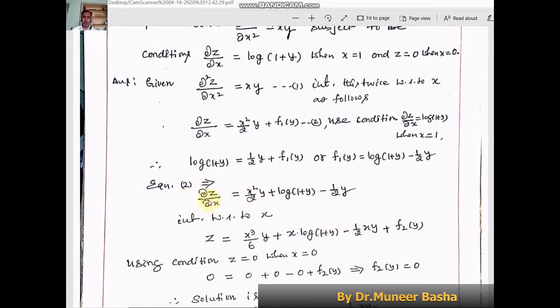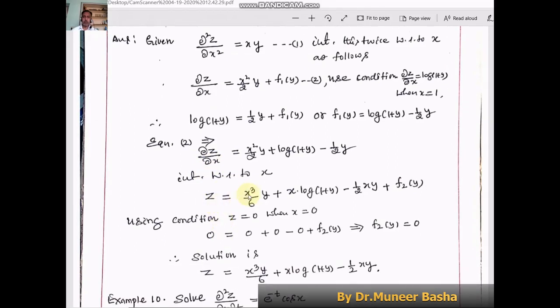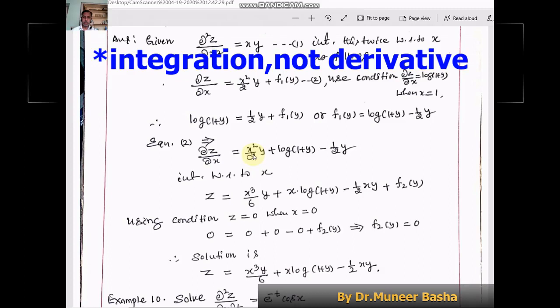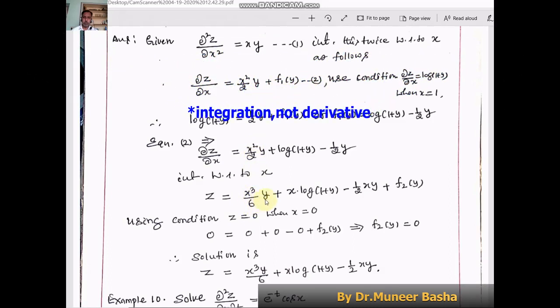So again, there is a partial derivative term. Again we integrate with respect to x only. Then z equals, the integral of x square is x cube by 3, x cube by 3 into 2 becomes 6, into y plus log of (1 plus y). Log of (1 plus y) is constant, right, as it is. So 1 remains here, the integral of 1 is x, minus half y as it is constant. The integral of 1 will be x, you have to write, plus the constant of integration f2(y).